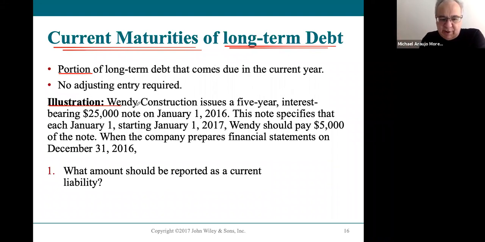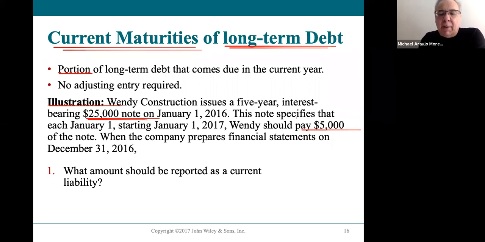So here's an illustration. Wendy Construction Company has issued a 5-year interest-bearing $25,000 note. Okay. The note specifies that every January 1st, they will pay $5,000 of that $25,000 note back.